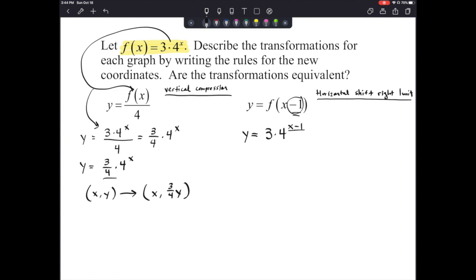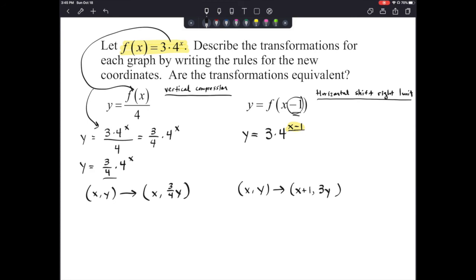If I wanted to look at what the table would look like, our original points would be transformed into, well, since we have this x minus 1, we know everything's moving to the right one, so our x coordinates are going to be x plus 1. And then our y coordinates are going to be just 3y.